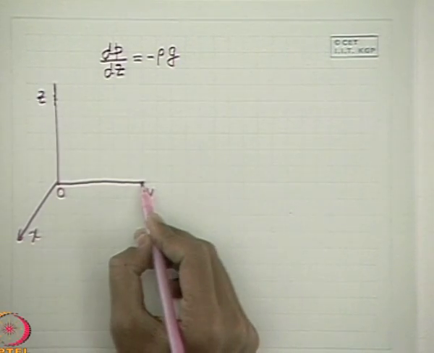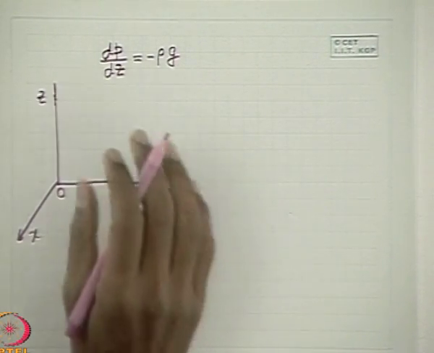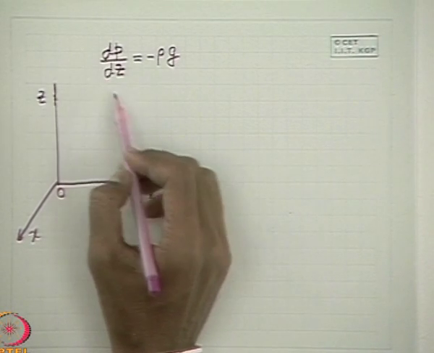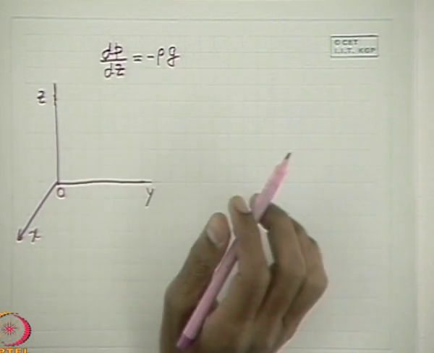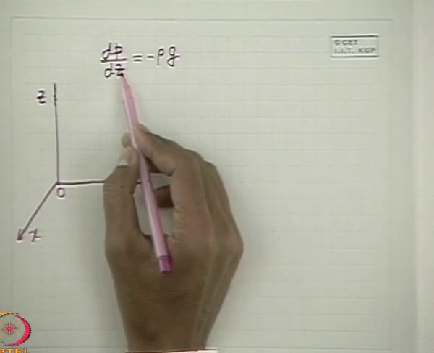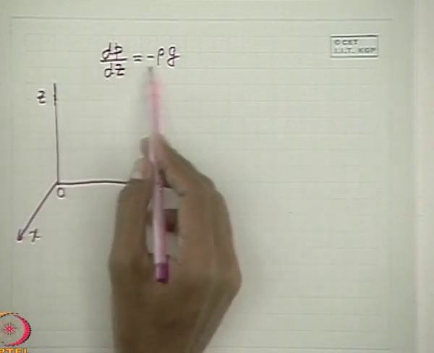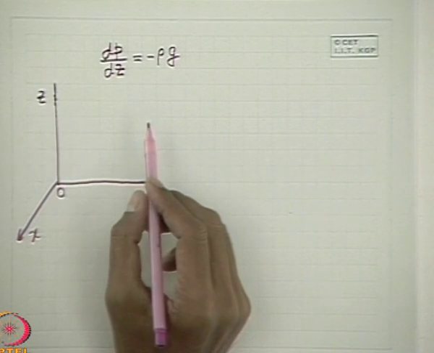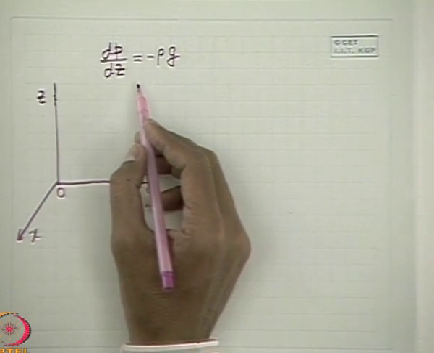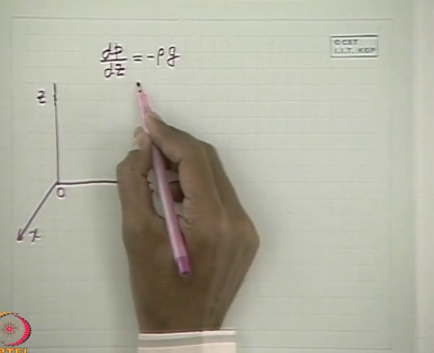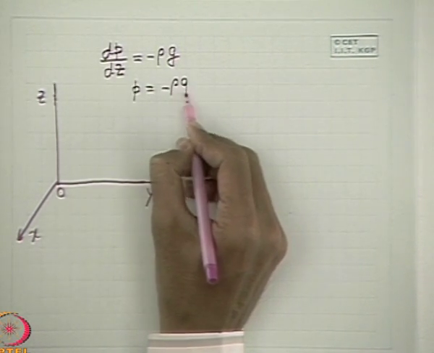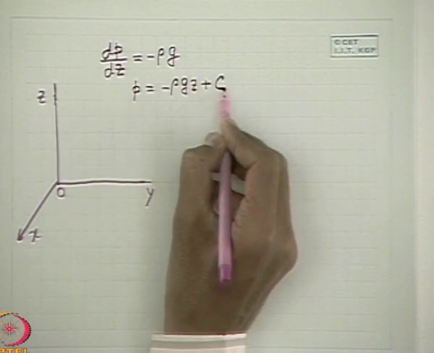That means in this expanse of fluid at rest, no other external force is acting. The only body force acting is the gravity force, and then the pressure varies only in the z direction by this equation. Also, in the case of an incompressible liquid, when rho is constant, the solution is P equal to minus rho g z plus a constant.